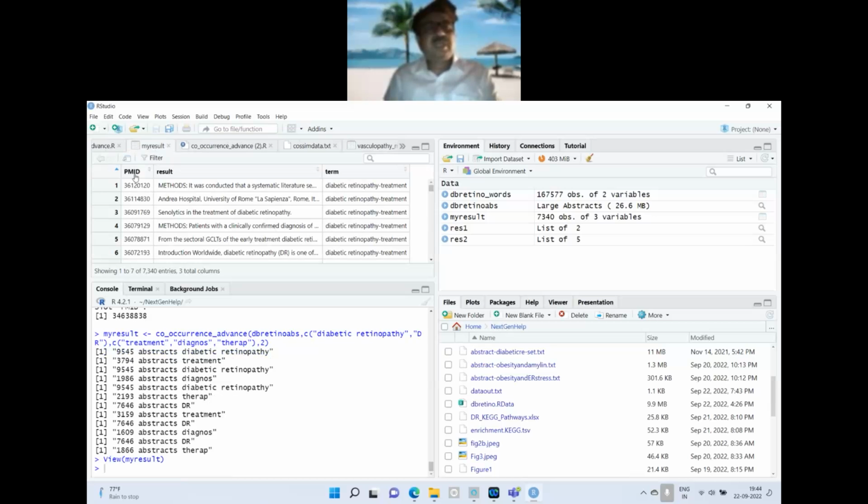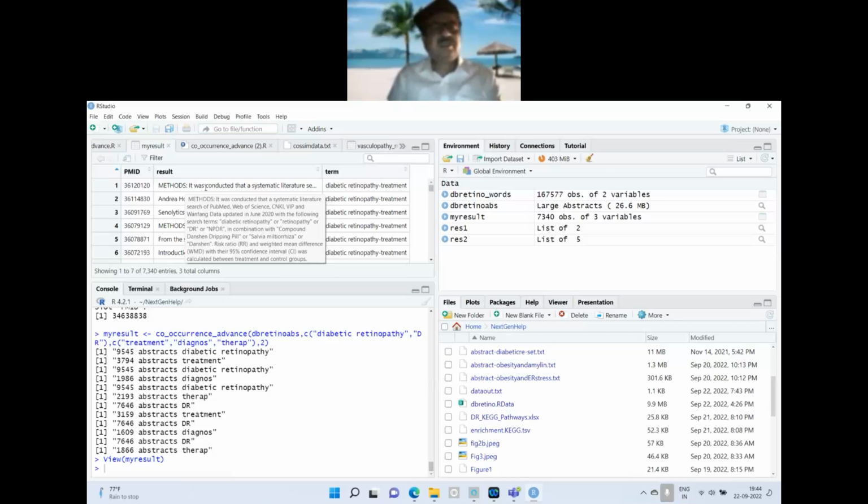So this is a data frame, and we get the PMIDs of the respective paper, the particular sentence where both the terms are there, and we can see here that both the words are occurring.